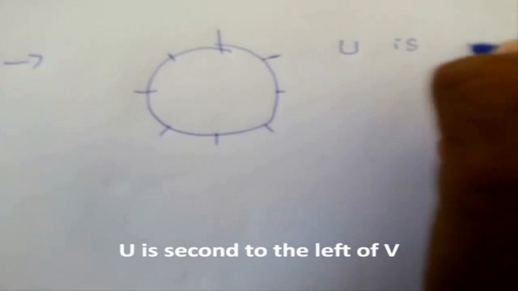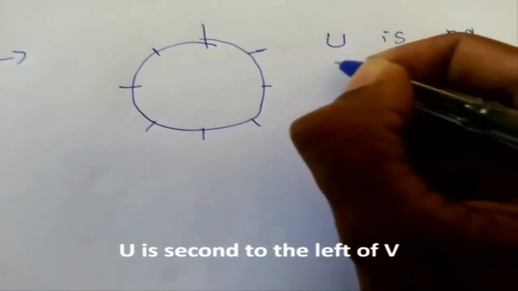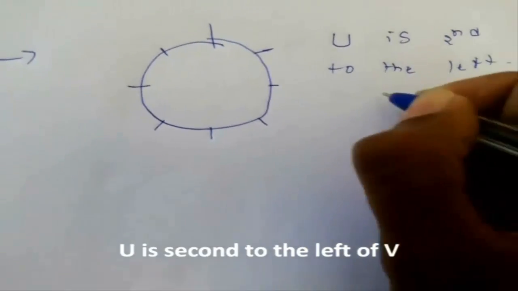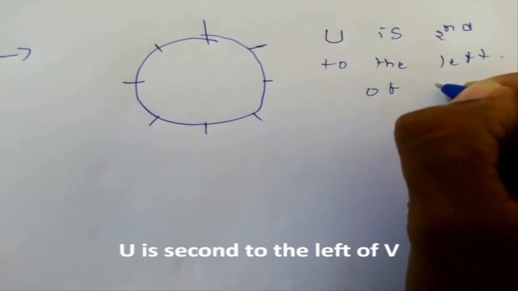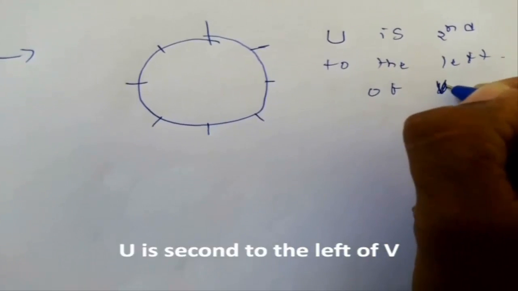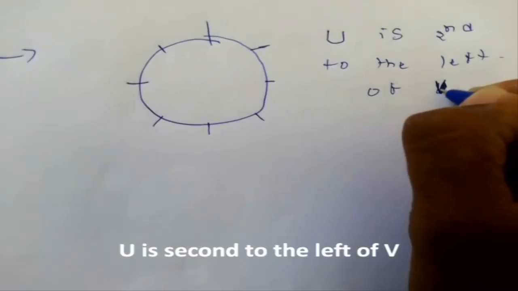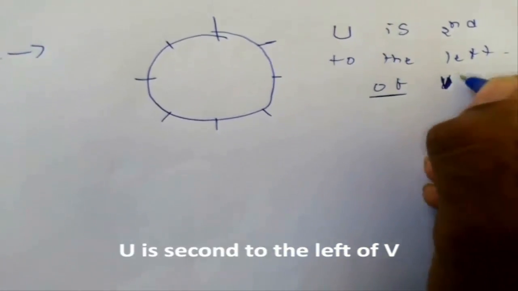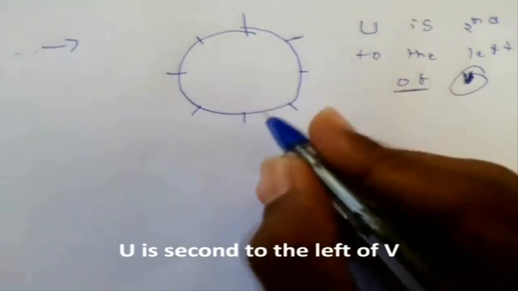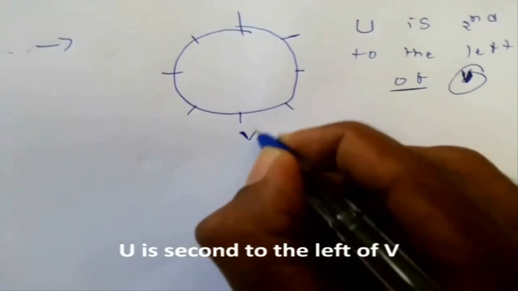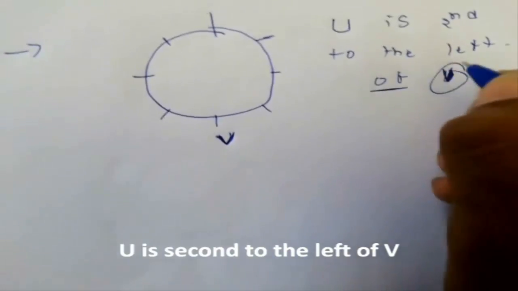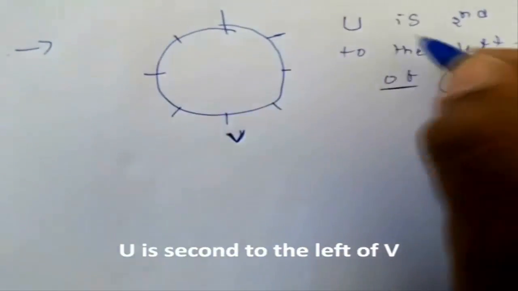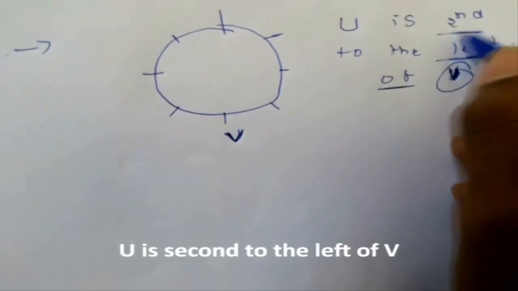U is second to the left of V. Now according to our direction rule, find the letter which is followed by "of", that is V. So put down V anywhere, we'll put it here, and the direction is left, so we will move in a clockwise direction, and U is second.